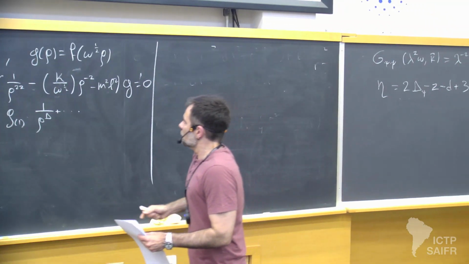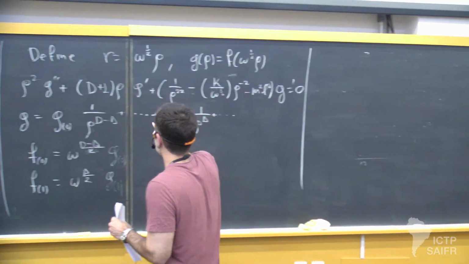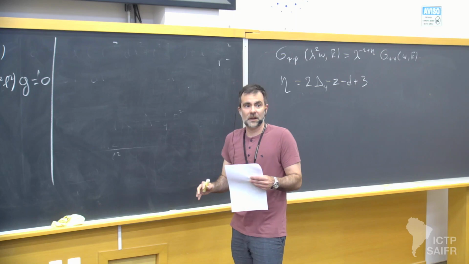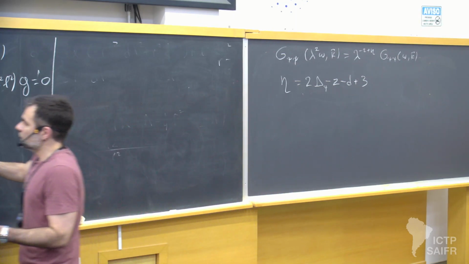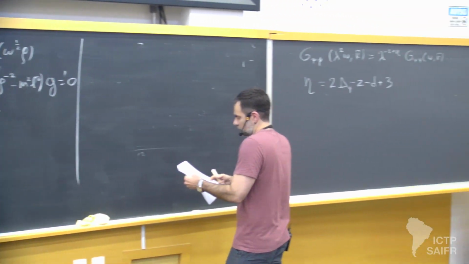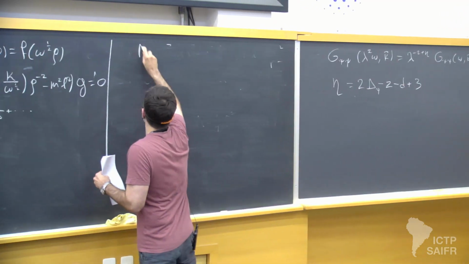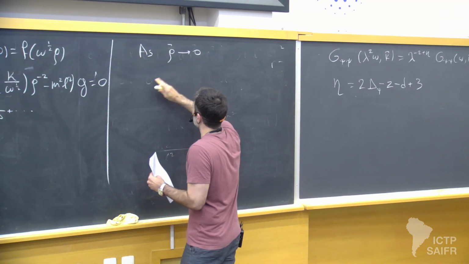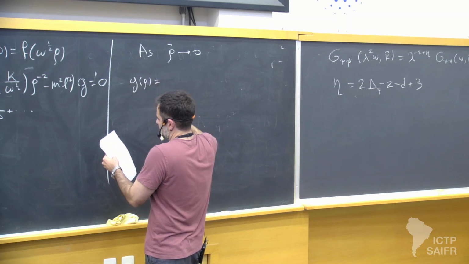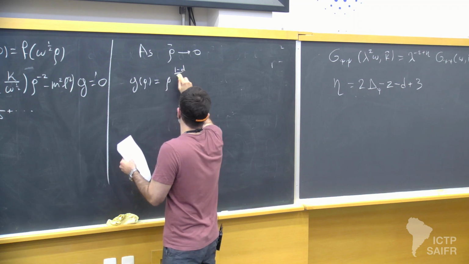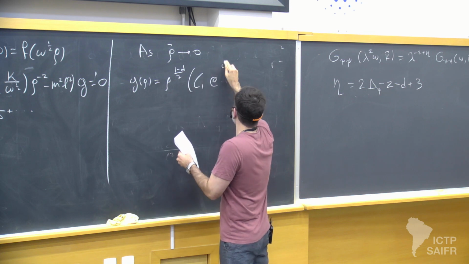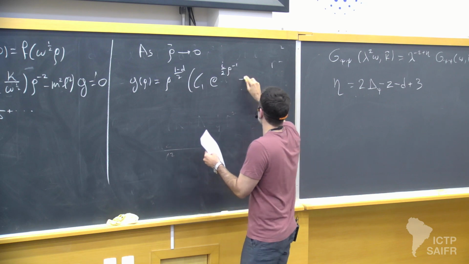Okay, so the last thing I still need to make sure is that everything is regular as r goes to 0, that I have infalling boundary conditions. If I look at the singular point rho equals 0 in this equation, I will find two behaviors. As rho goes to 0, the function g of rho would go like rho to the 1 minus d over 2 times some constant of integration c1 times e to the i over z rho to the minus 1 plus whatever.